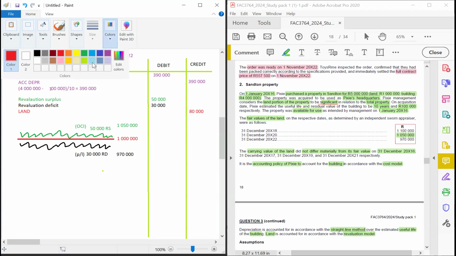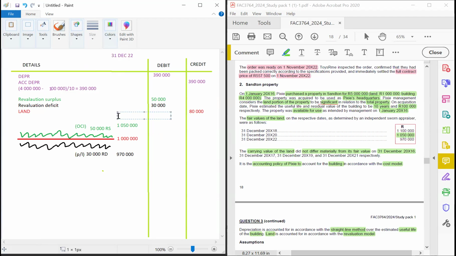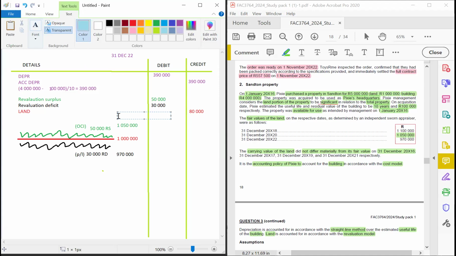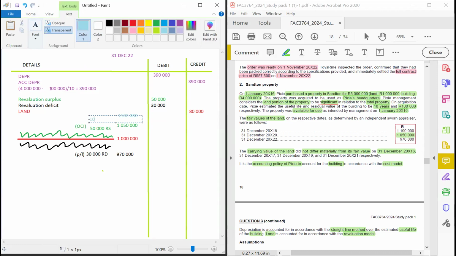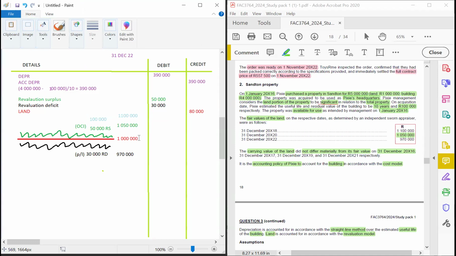The land was revalued to 1,100,000, so we recognized the revaluation surplus of 100,000 from the cost.